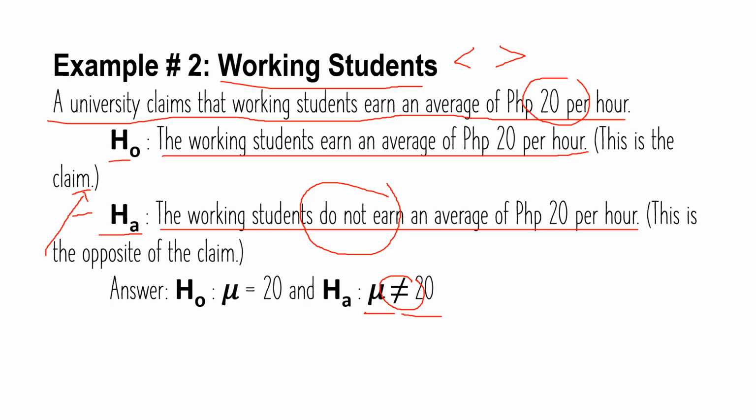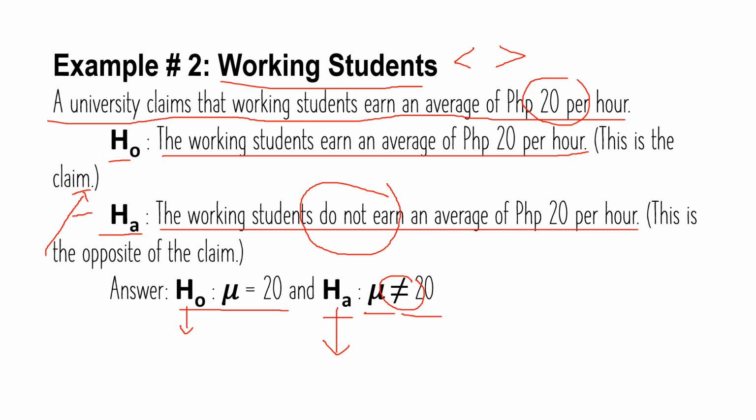Now, once we convert these two statements to mathematical symbols, your H0: mu, or your average, is equal to 20, because that will be your null. Then for your alternative hypothesis, which is your HA, that is totally opposite of your H0, that will not show an equality between your parameter and your specific value.